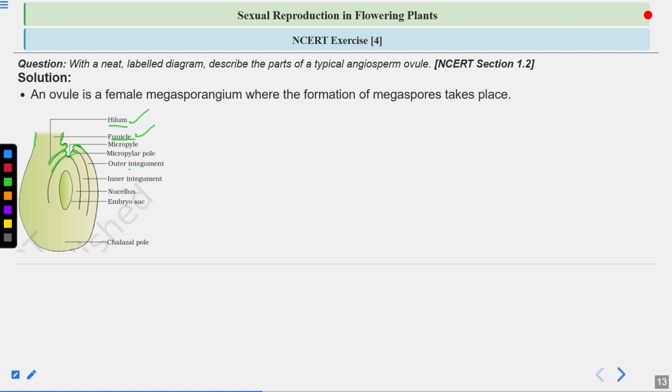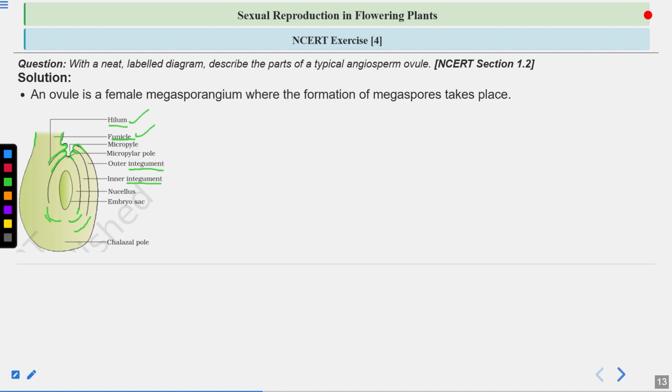These are actually the integuments, the inner integument and the outer integument. These integuments are actually the outgrowth of the nucellus from the chalazal pole. It is extended from the chalazal pole, right?